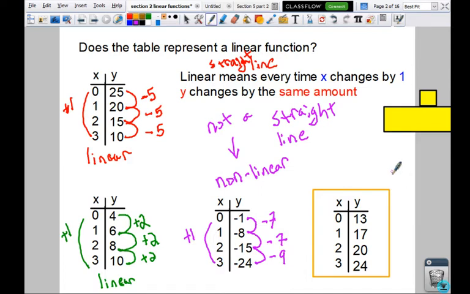All right, I want you guys to do the one in the box. Tell me, is it linear or is it non-linear? So you're going to have to make sure x changes by 1 and make sure y changes by the same number each time. So on your own, on your paper, we'll have somebody help us out.